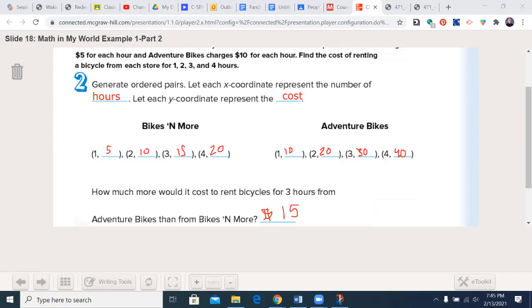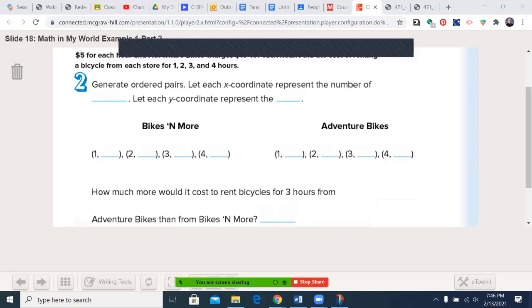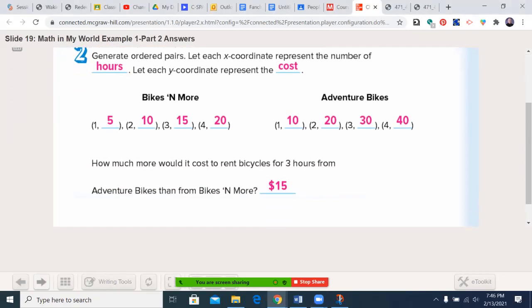I'll give you a little bit of time to do that before I move on. All right, I'm gonna go ahead and clear the drawing. You see the answer, so we did well there.